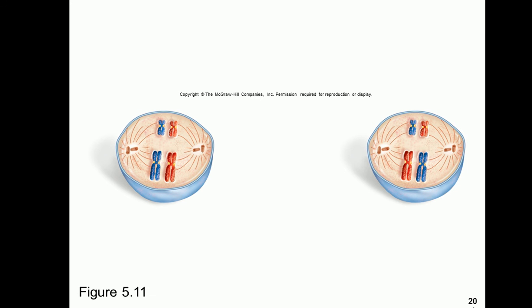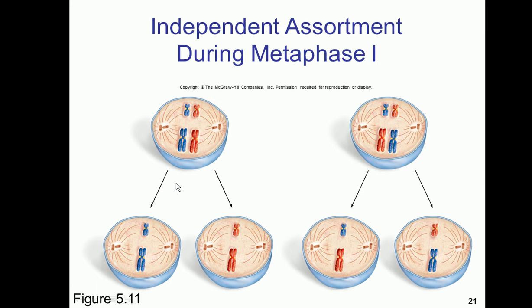And you can see here, this is one pair and this is the second pair. Suppose there's a cell which has two pairs. You can see the chromosome pairs coming in the center, like this. When these pairs come in the center, there can be two kinds of arrangements.